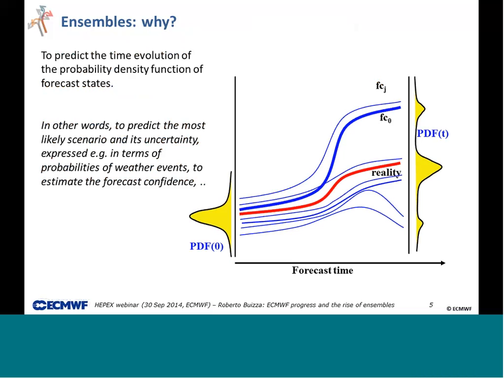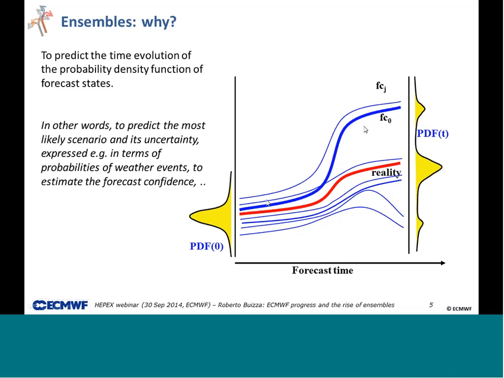The issue is that a single forecast, the blue line, after a certain amount of time starts diverging from reality because of errors in the initial state of the system, because of model errors that lead to a divergence later on.